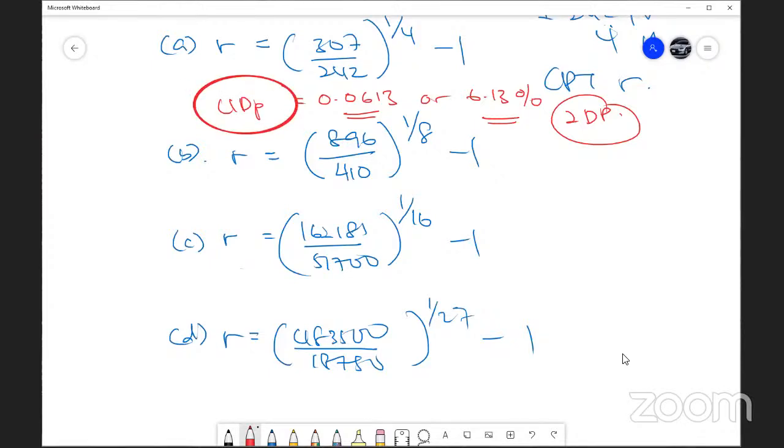All right? So B, what do you get for B? 0.1027 or 10.27%.